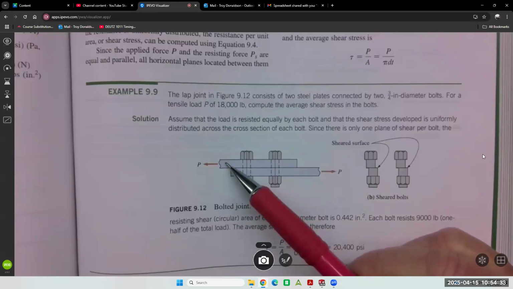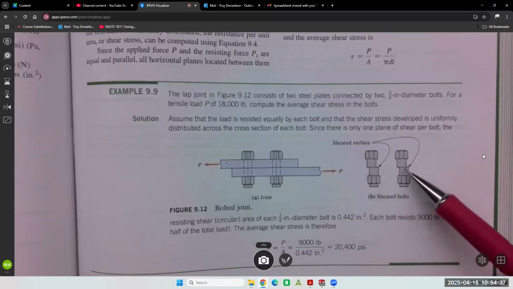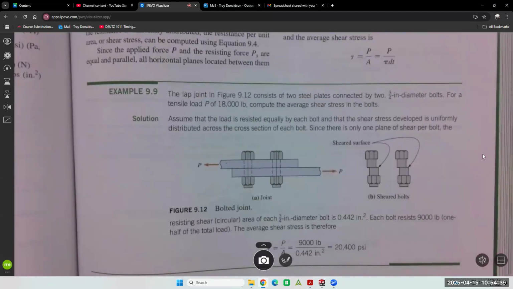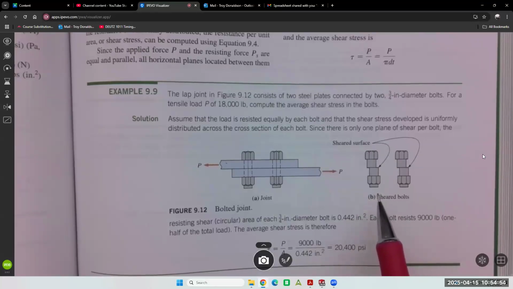And if it fails, how would it fail? Like this. So when you're calculating shear stress, you have to calculate the area that would fail. So that could be 2 bolts and 2 areas. If there's 8 bolts in the connection, then there's 8 areas that have to fail. So think about what's got to fail, and that's the area I got to use.